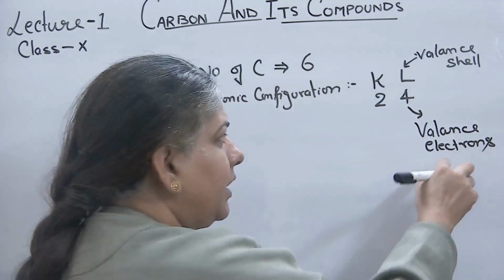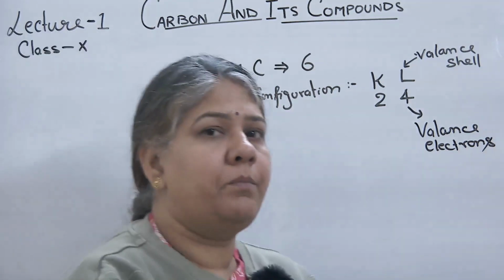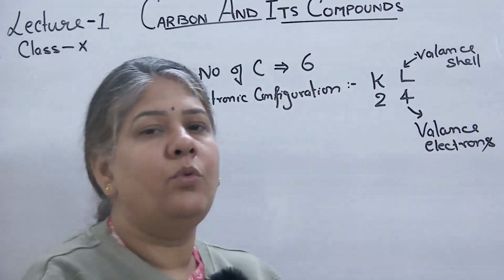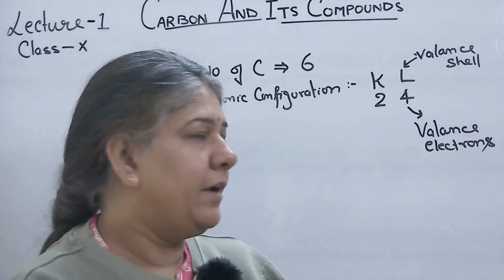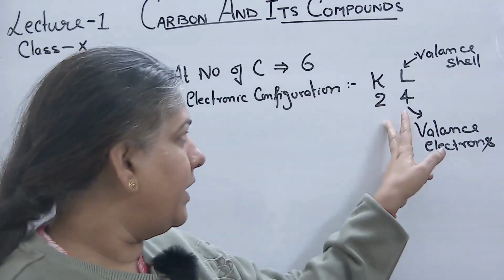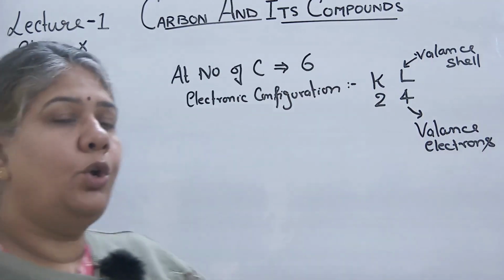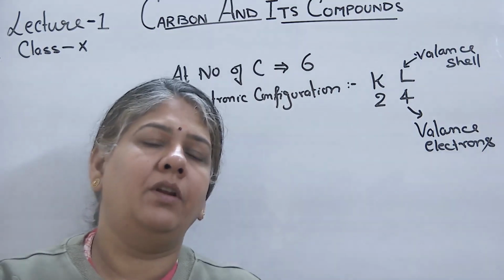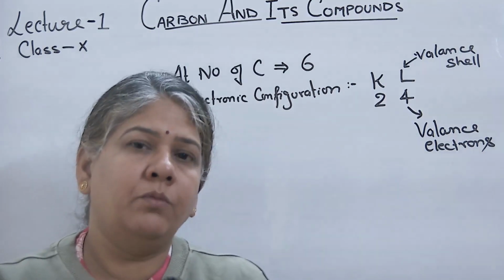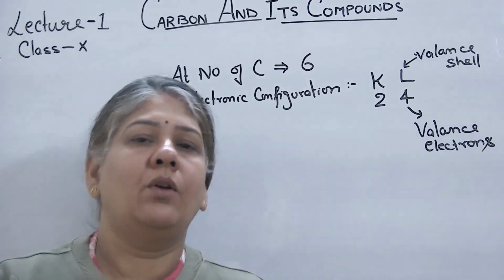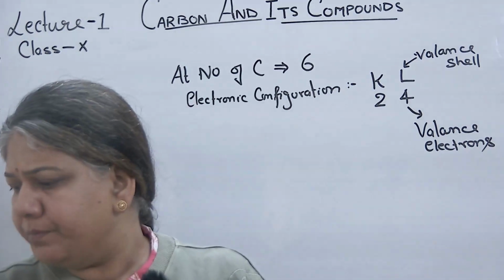It is these valence electrons that participate in a reaction. That is, these electrons can move in and out of the atom. So there are 4 valence electrons, and to achieve its nearest noble gas configuration, what do the atoms do? They either take electrons from outside or they give their electrons.